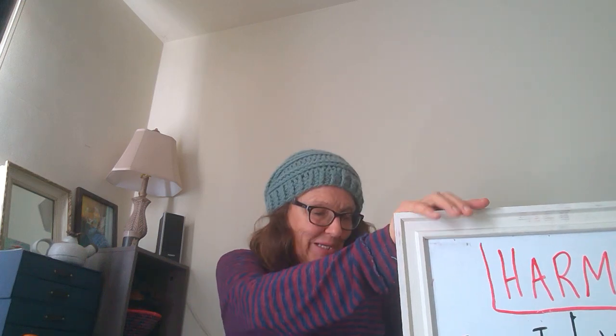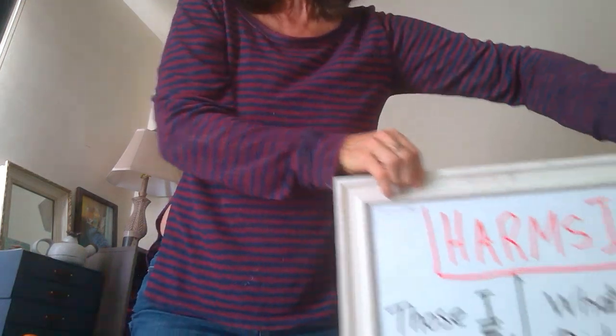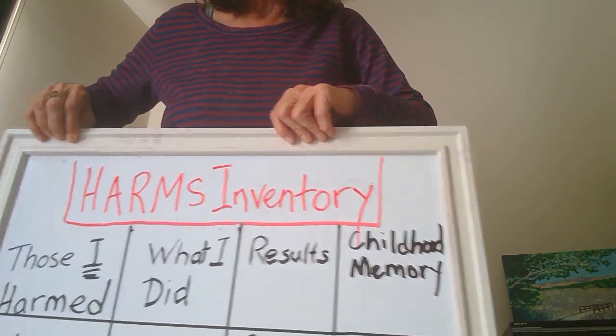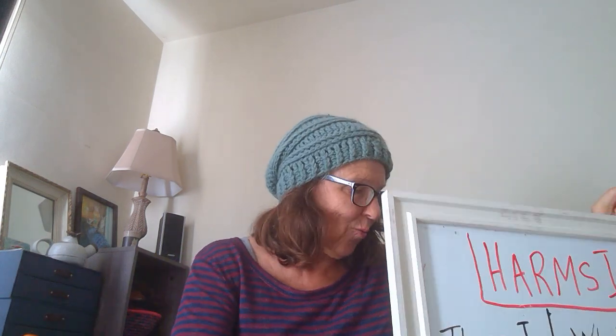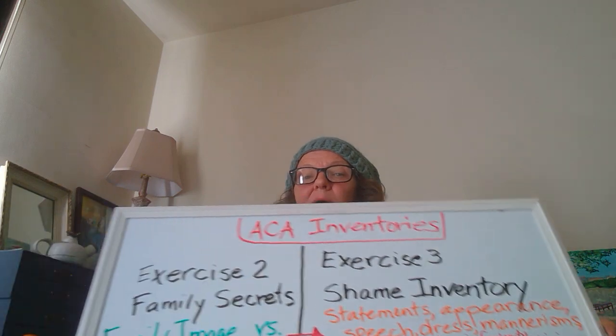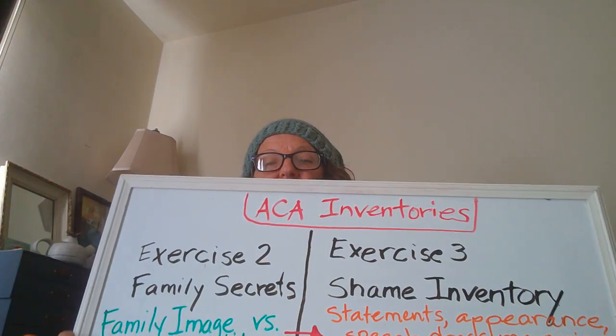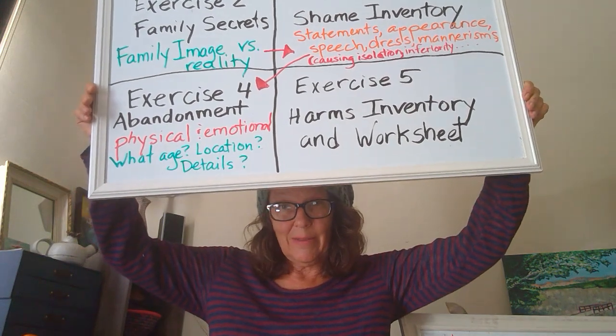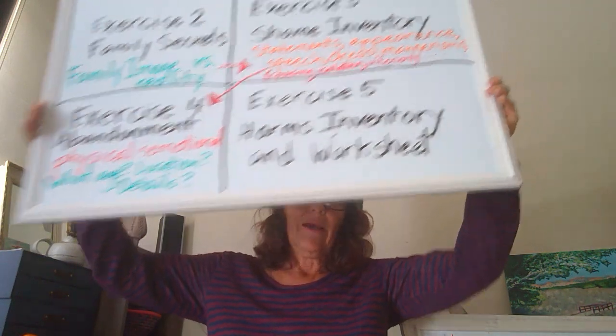Now, there's one last piece of this, all right? And that is a childhood memory. When we think of harms that we've done to others, we might want to see if it resembles something done to us. It could be one of these things that we talked about here, like the family secrets or the shame or abandonment, okay?